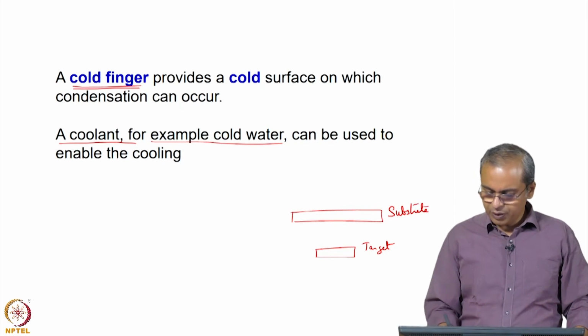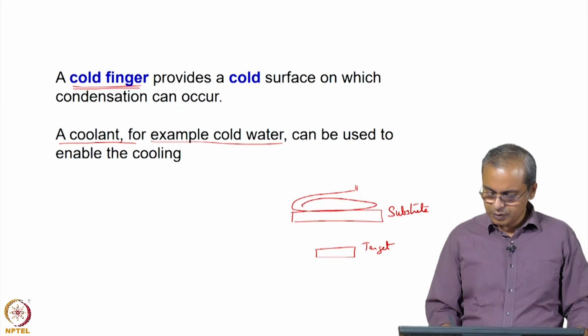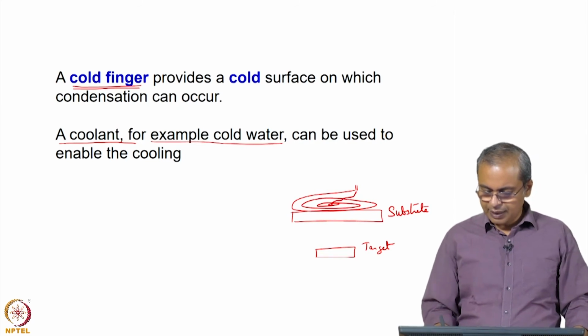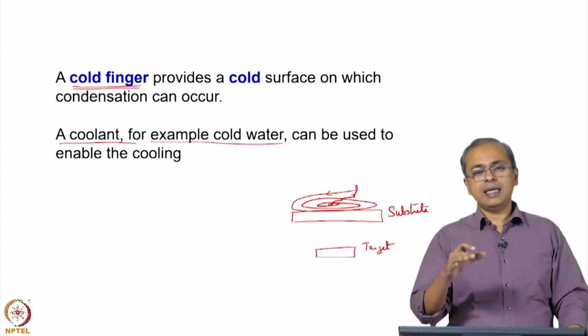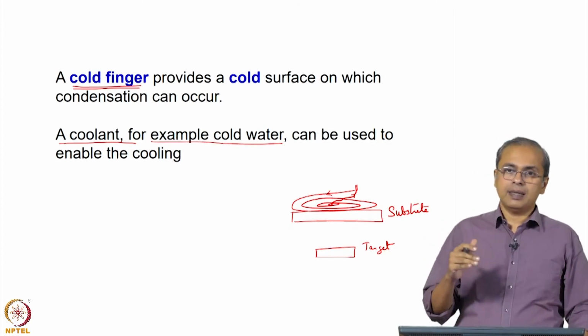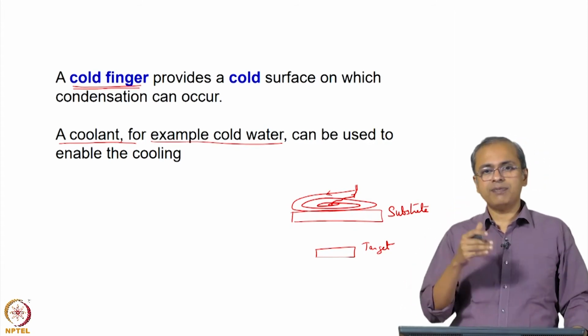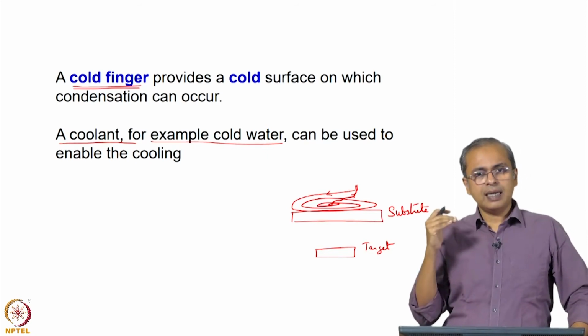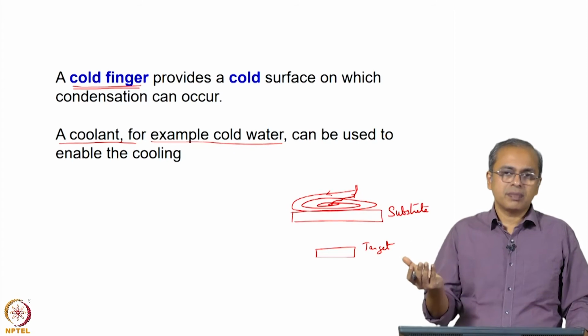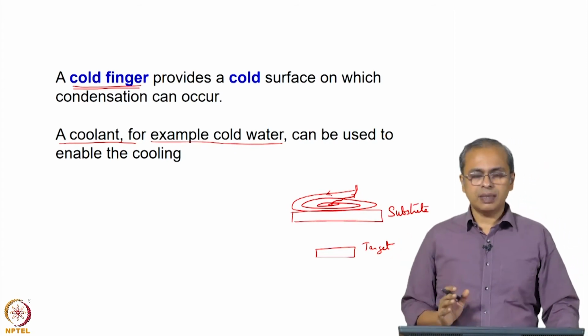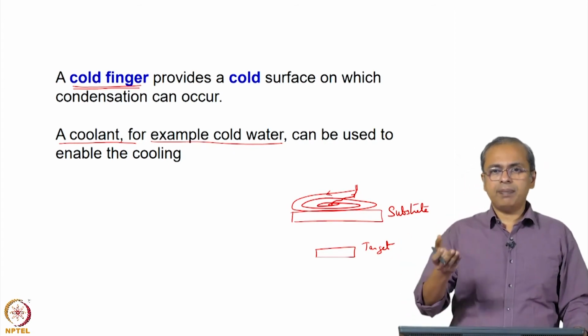So in the chamber you will have some pipe which does this loop and goes out, and you send some cold water in this and it just comes out this way and finds its way out. So this way you can cool the substrate and keep it at a much colder temperature, and you can maintain the temperature. More specifically, you can confidently say that all of the condensation happened at let us say 5 degrees centigrade, something like that. You can say that and you can maintain that.